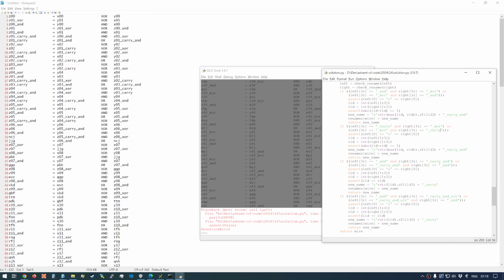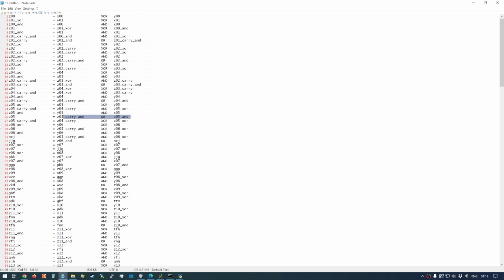Yeah, Z6 came way too quick. Because Z6, we're actually supposed to get which? That's wrong. It's supposed to be exclusive OR, so Z5's wrong.